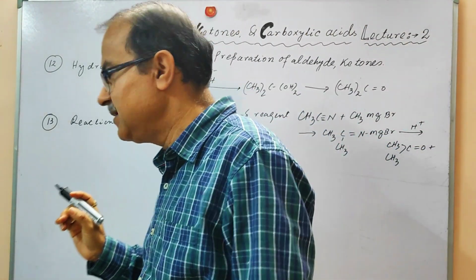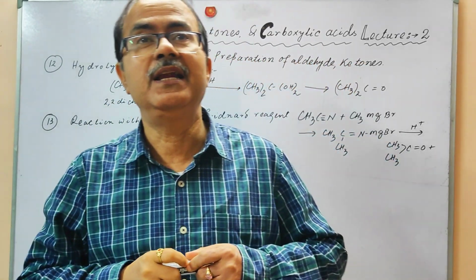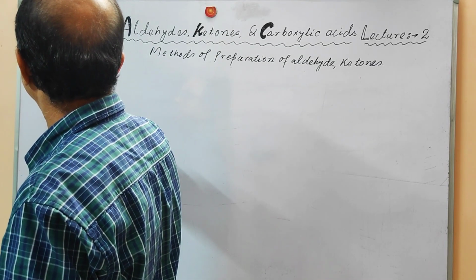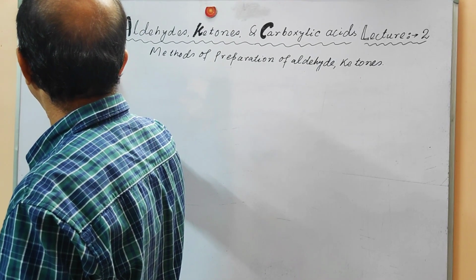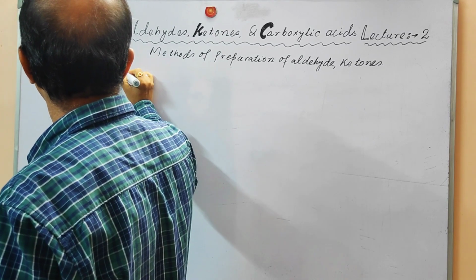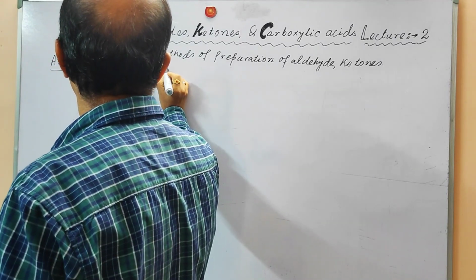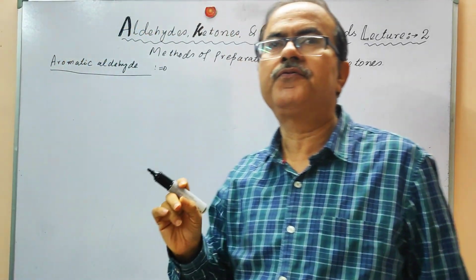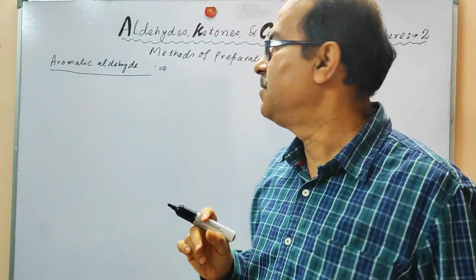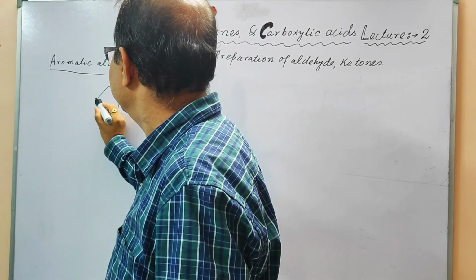Now we are going to discuss the production of the aromatic aldehyde and ketone. Aromatic aldehyde can be prepared from substituted benzene. As for example, methyl benzene, that is toluene.